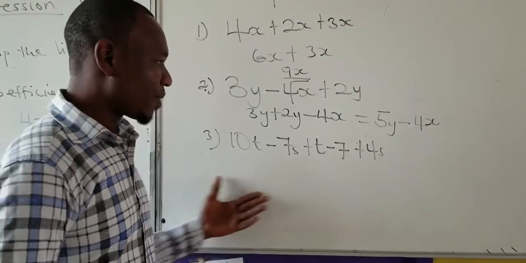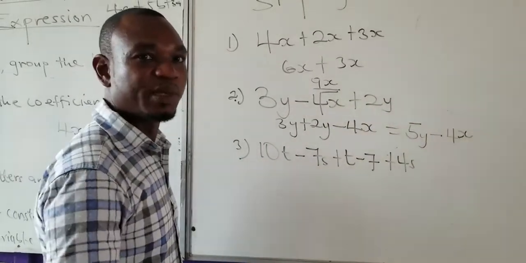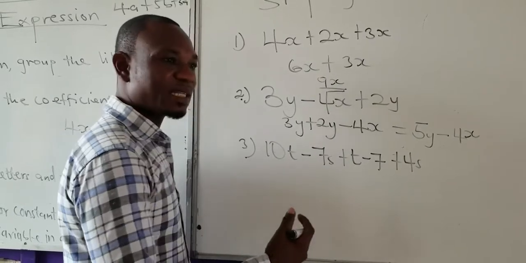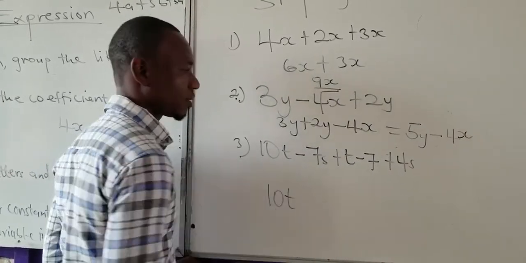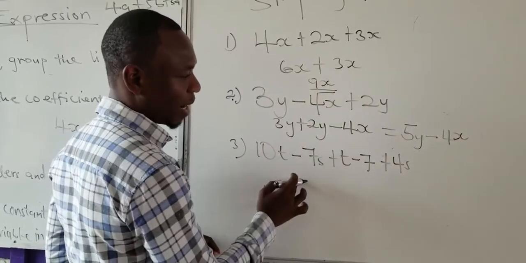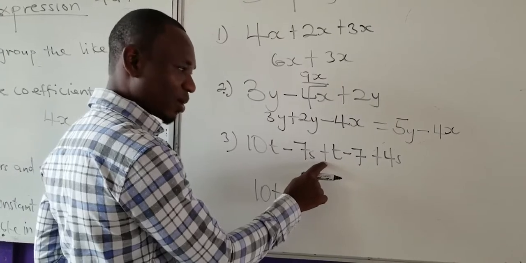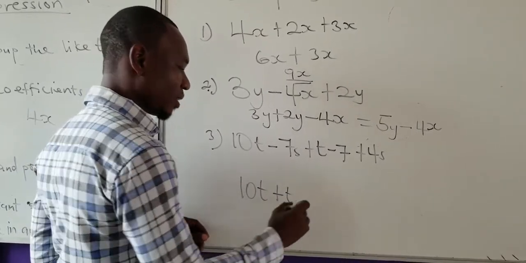So if you look at number 3 here, we also group the like terms as you've been told. Now the like terms are the coefficients with the same variables. So 10t. Now look for which one has t. There's a t here and there's a plus, so we are not changing the sign, we are bringing the same plus t. Right? Then we move on.